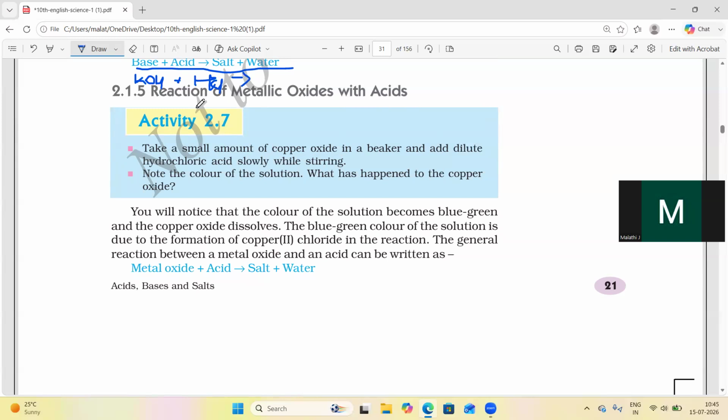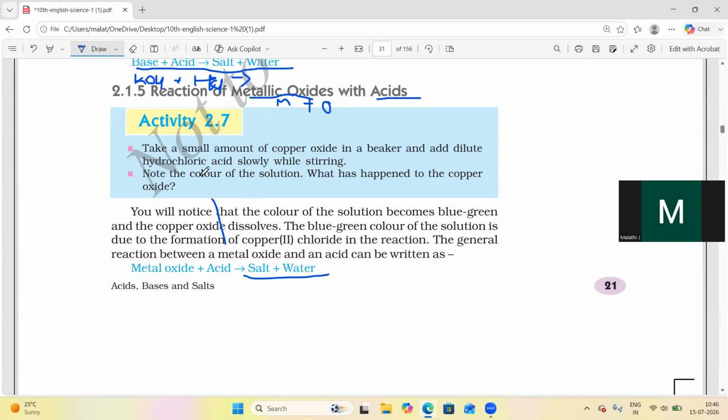Then the next aspect is the reaction of metallic oxides with acids. Metallic oxides means a combination of metal with oxygen. When a metallic oxide reacts with acid, we get salt plus water.